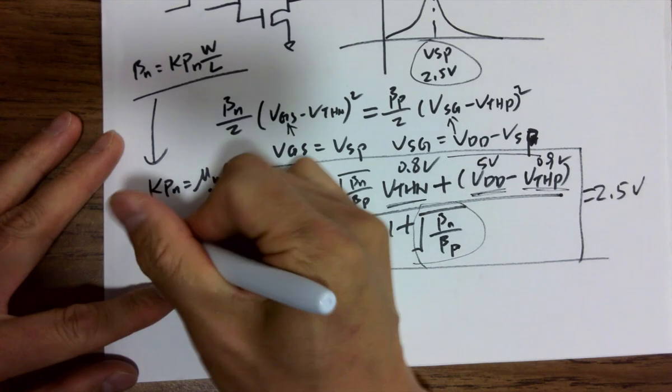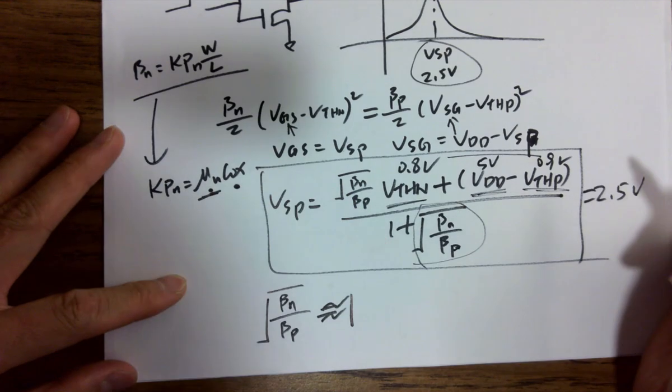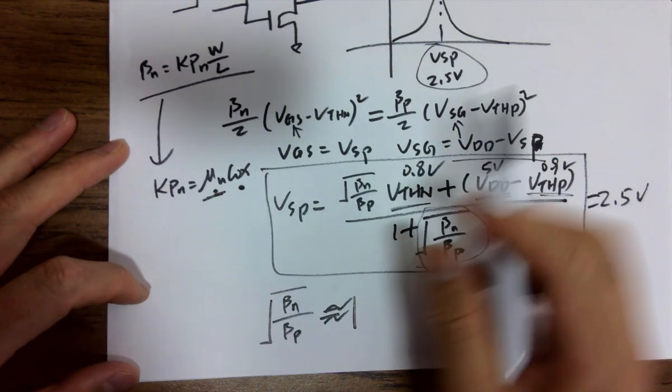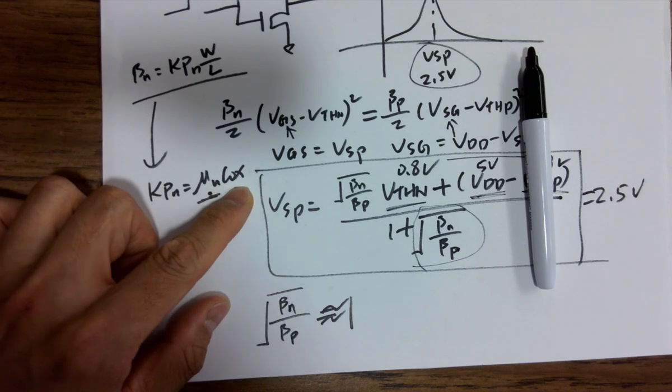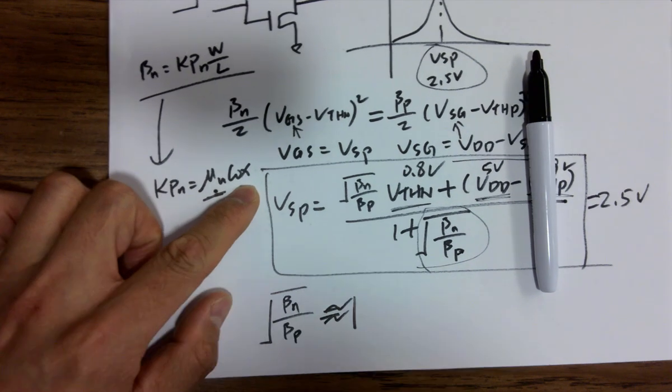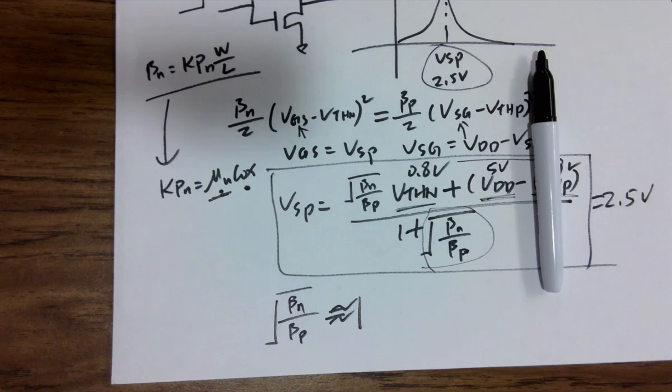However, looking at here, we assume that PMOS and NMOS have the same COX. Do you think they should? The PMOS and NMOS are put in the same wafer, so they share the same insulation layers and everything, so the COX is the same.